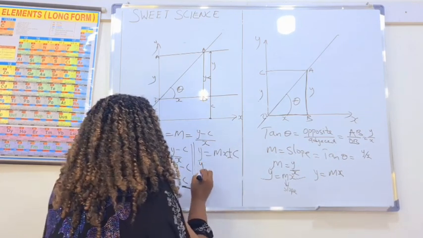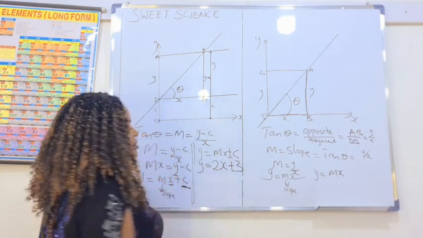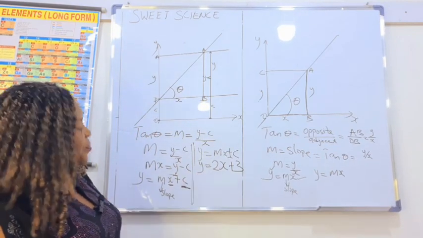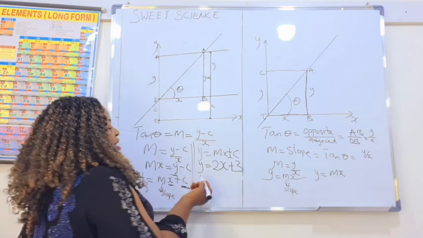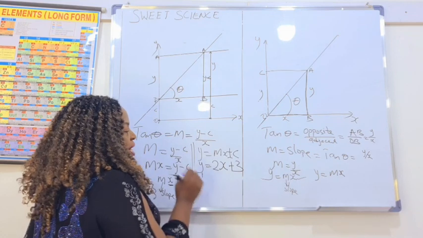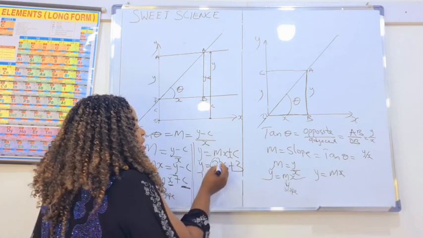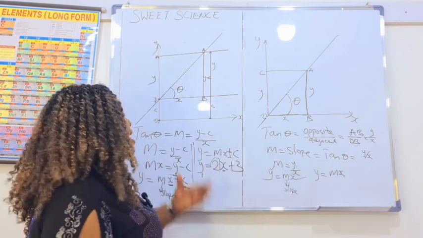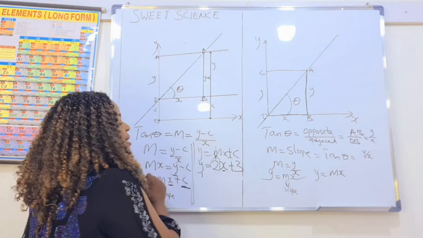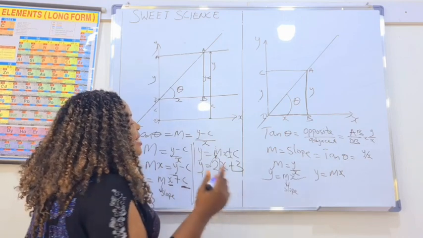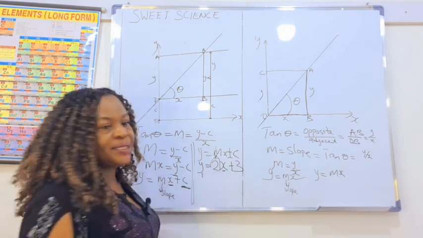From this equation, y is the dependent variable. 2 is the coefficient of x, and the coefficient of x is the slope. That is m. So this 2 is the m, which is the slope, and x is the independent variable. Then the intercept of this graph is plus 3.